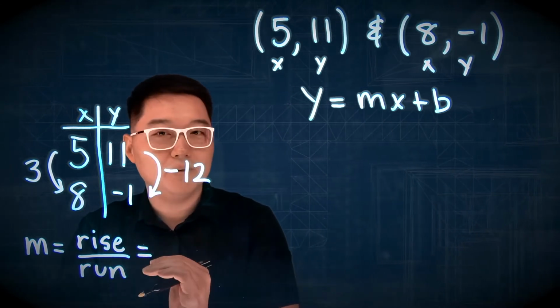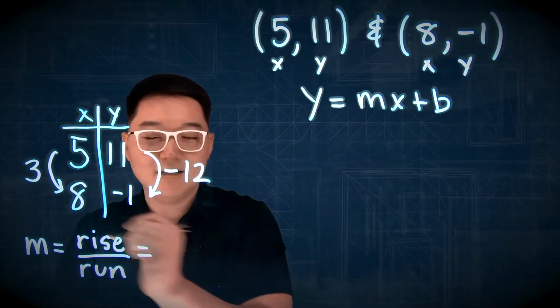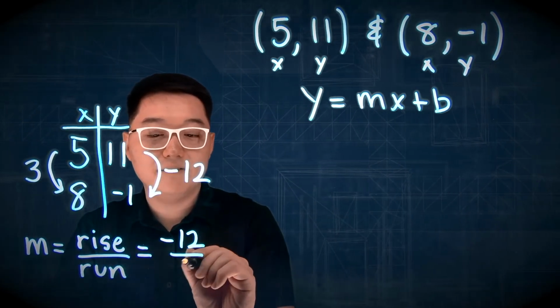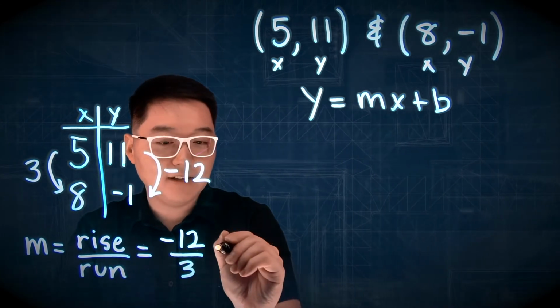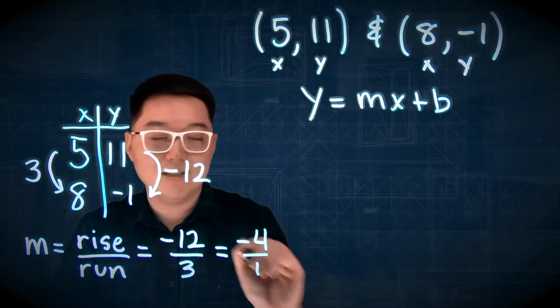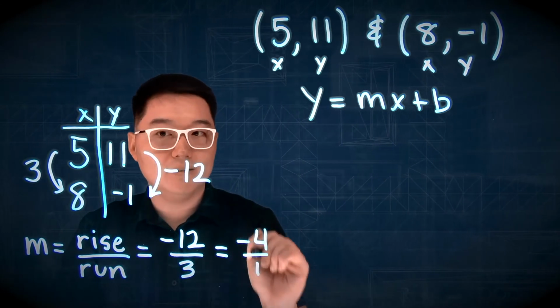What's the slope? You lost $12 in 3 days. So the slope is negative 12 in a span of 3 days. Well, that's the same thing as if you were to divide them, negative 4 in 1 day. That means you lost $4 in 1 day.